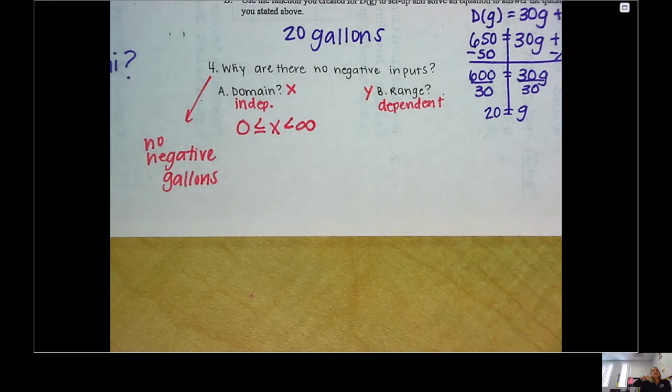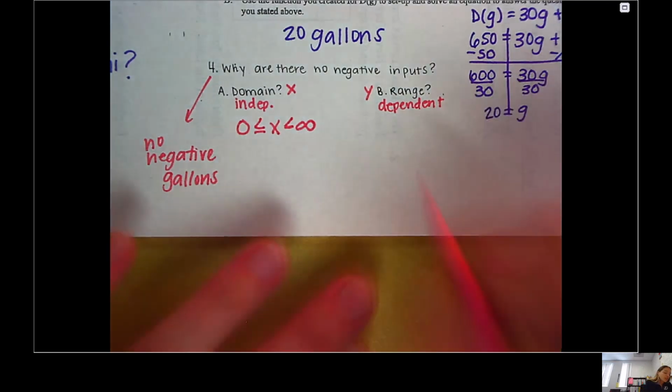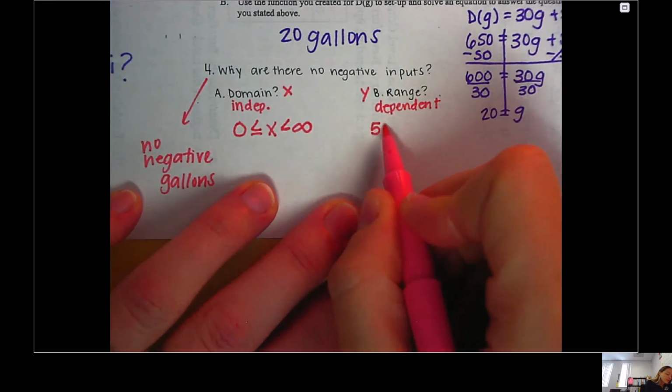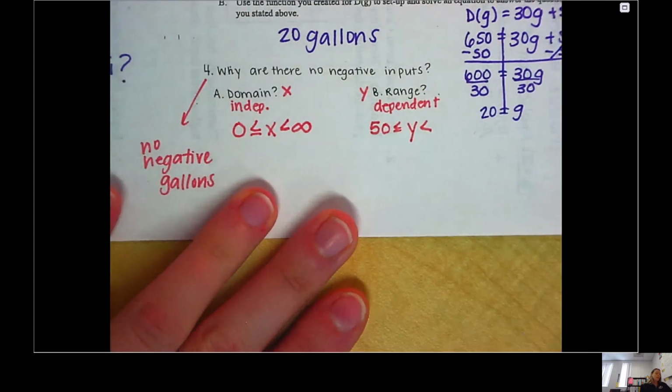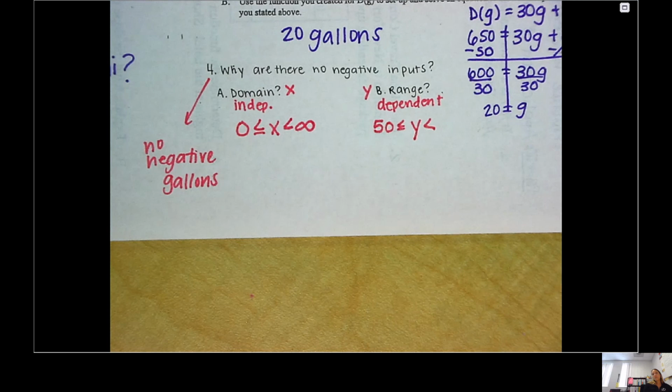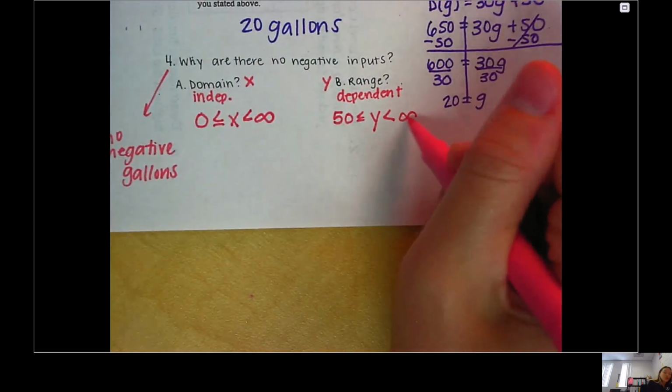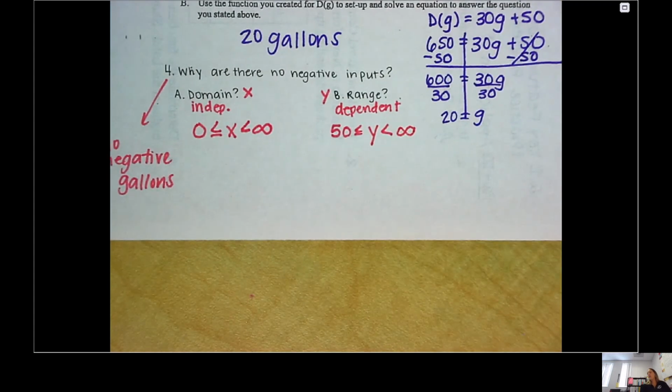So wherever your 0 is, that's your smallest one. So your dependent is between 50, this is a Y, and how many miles can you drive? Is there a cap on that? Well, technically until your car dies, sure, but we would just put till infinity because it can go on forever and ever.